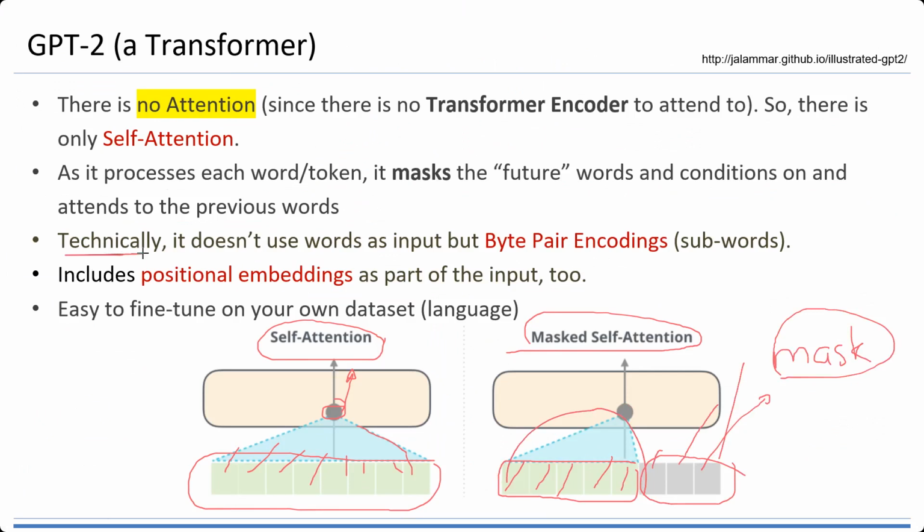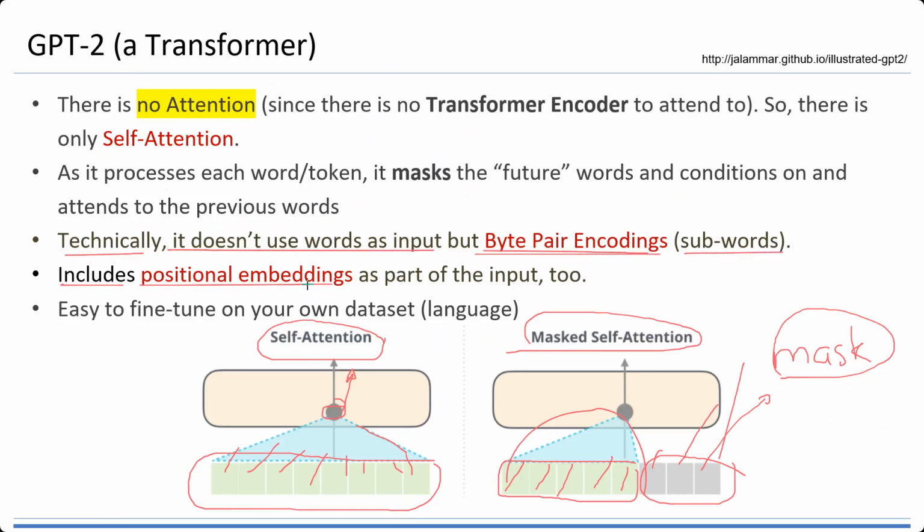But in GPT, actually, it does not use words as input, but it uses byte pair encoding, or we call it subwords. And after we have the byte pair encodings, it also includes positional embedding.